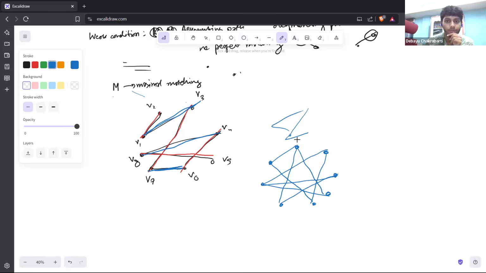Okay, so what could be a matching here? Wait, is that good? No, it's not. This is fine. Yeah, this is a perfect matching. And let's consider a worse matching.